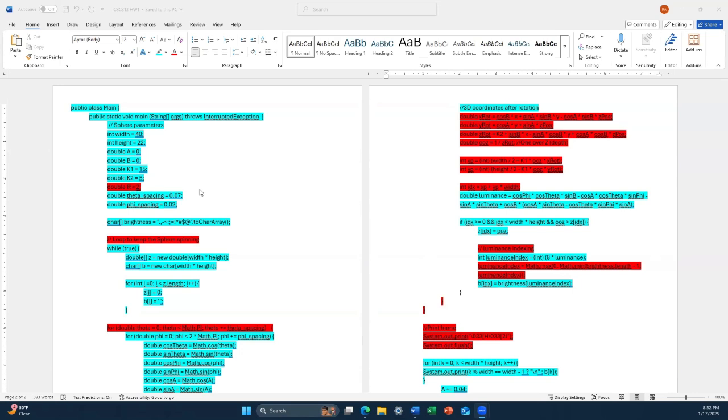So while the original had 2 variables, double R1 and double R2, because this is a sphere and the radius is constant throughout, we just have R. We don't need 2 radii. We just need 1 radius. So our radius in this case was 2.